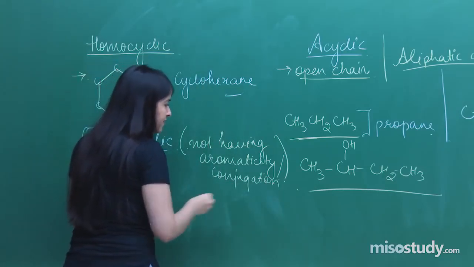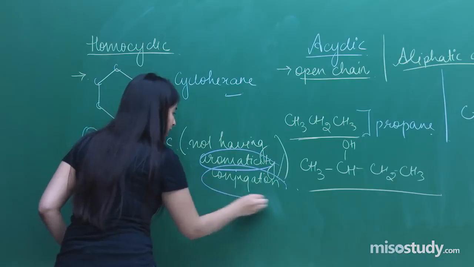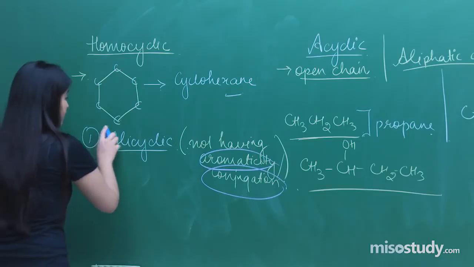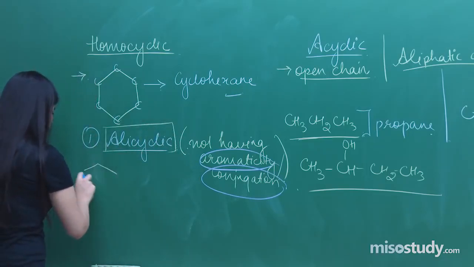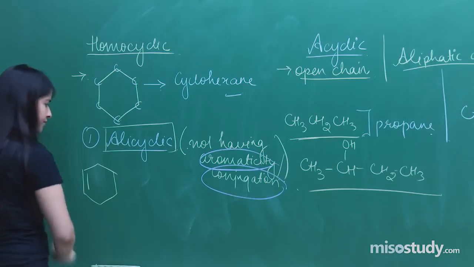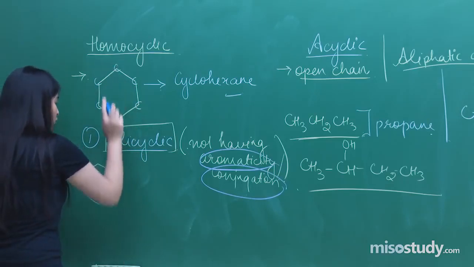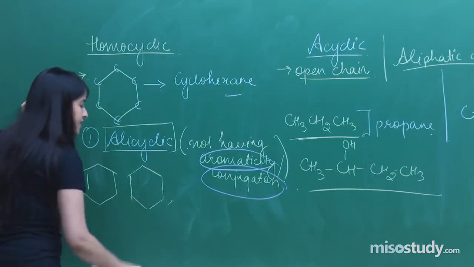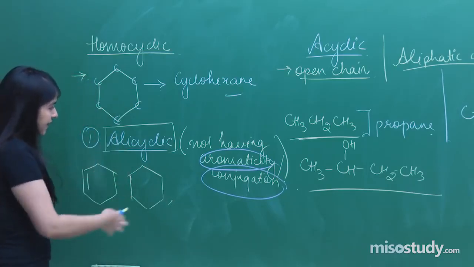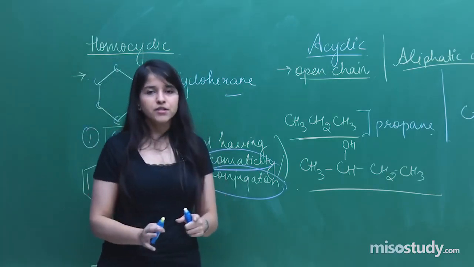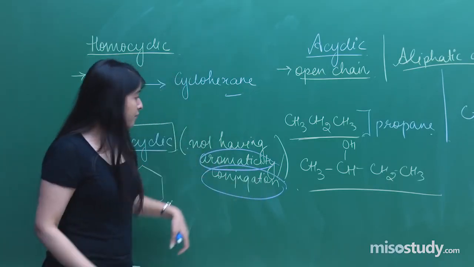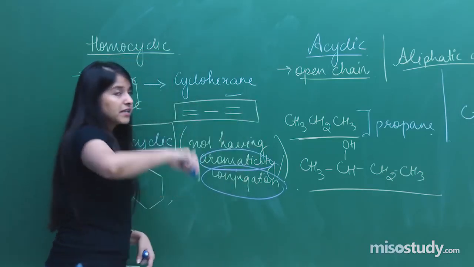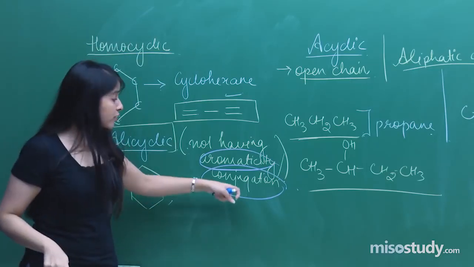I'll be dealing with these terms, aromaticity and conjugation, in the next session. This is alicyclic, this is also alicyclic. What else can I have in alicyclic? I can have any kind of ring, just what you need to remember is there must be no double, single, double, such kind of scenario in the entire ring. That is what is known as conjugation.